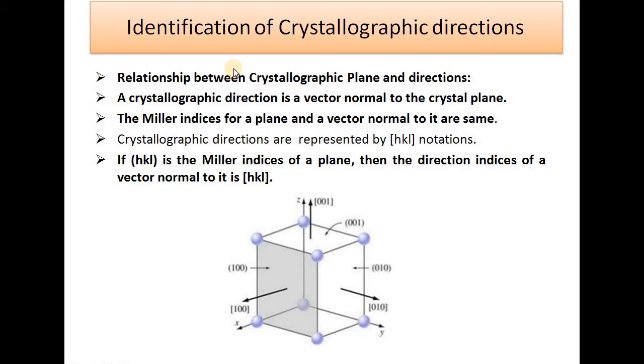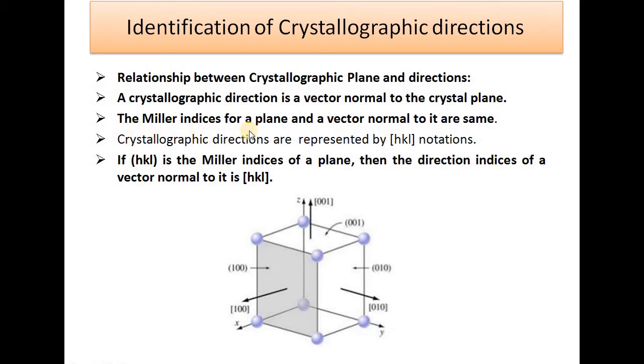Now, next one is crystallographic directions. So first of all, we must know the relationship between a crystallographic plane and a crystallographic direction. You will see a crystallographic direction is a vector normal to the crystal plane.